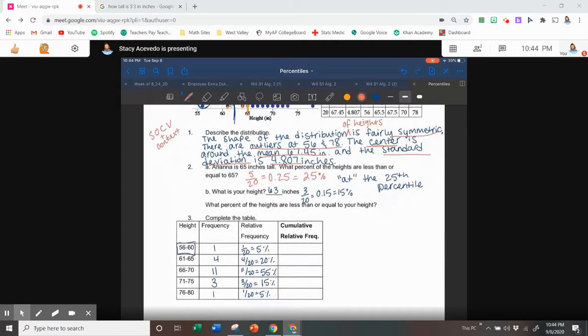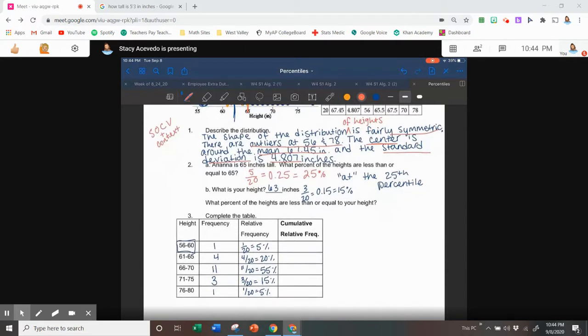And the way to calculate relative frequency is just the percentage. So we're going to take 1 out of the total number of values, which is 20. So you get 5%. And likewise with the heights for 61 to 65, 4 out of 20, you get 20%, and so on and so forth.